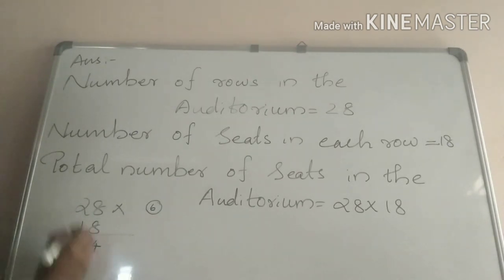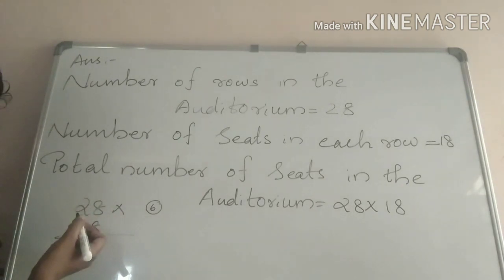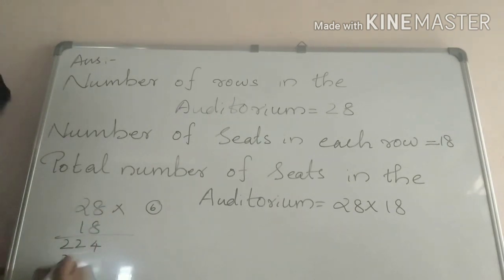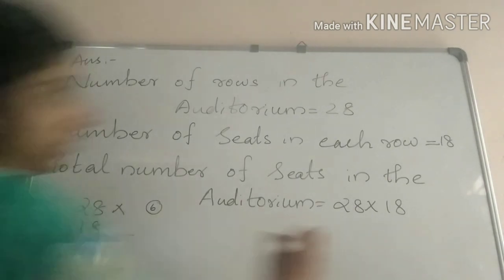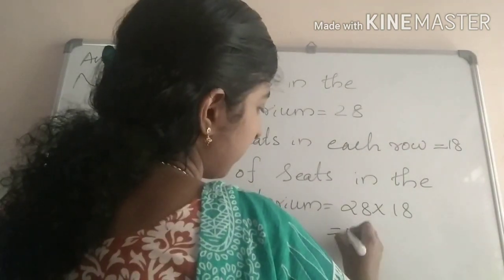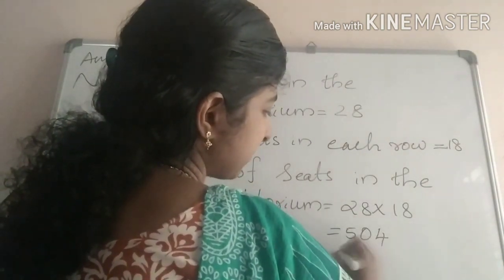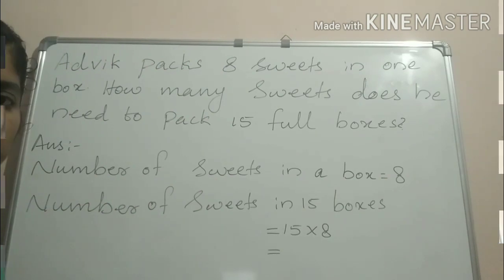Then 1 into this 28. 1 into any number is the same number itself. So 1 into 28 is 28. So 4, 2 plus 8, 10, 0, 1 balance. Then 5. 504 is the answer. So 504 seats. Okay, see the next question.